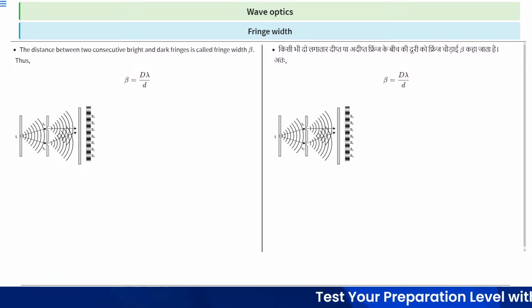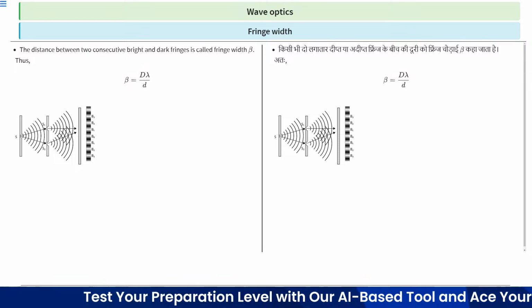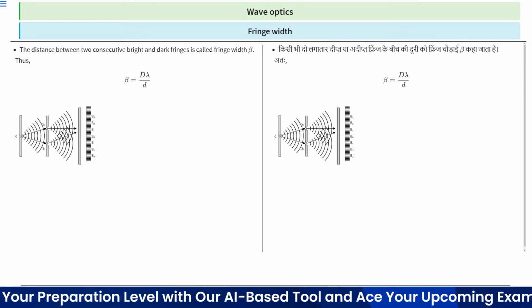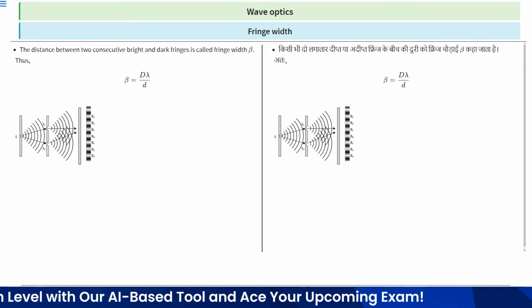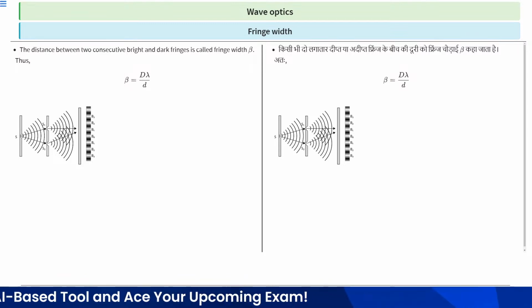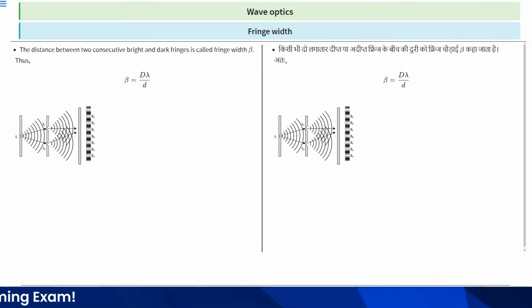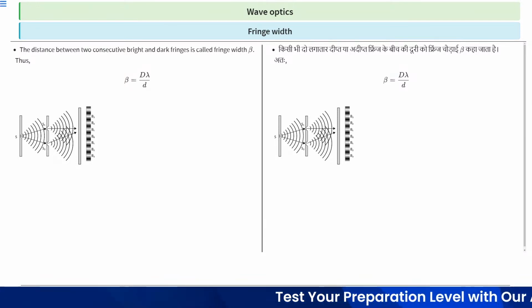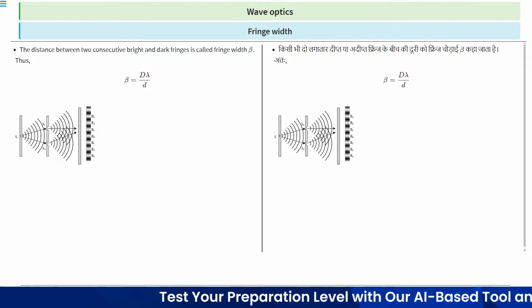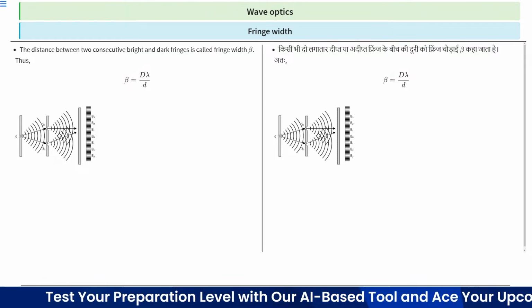So here there are two conditions. First is for the constructive bright fringe, and second is for the destructive fringe. When both source S1 and source S2 generate maximum intensity and meet at a point on the screen, there is a constructive interference.